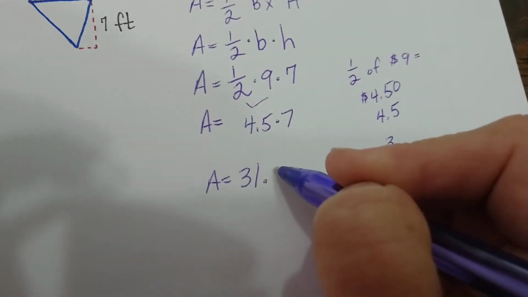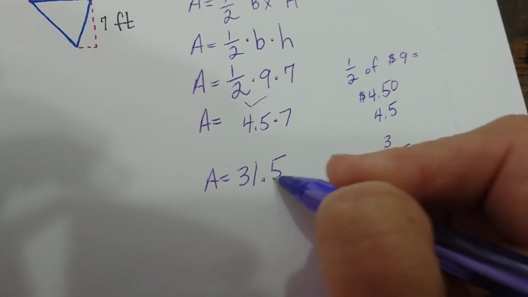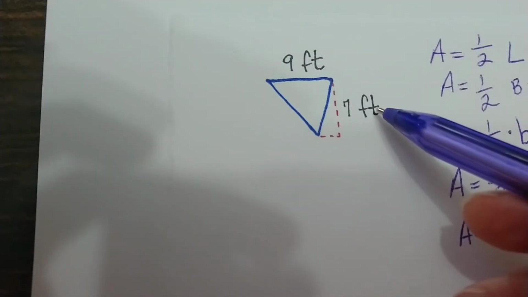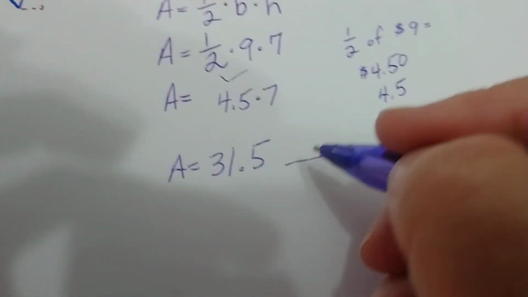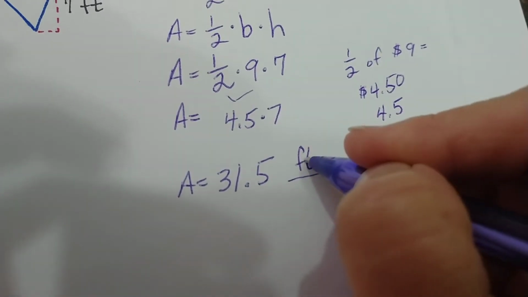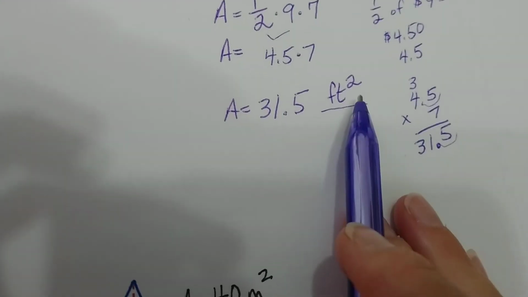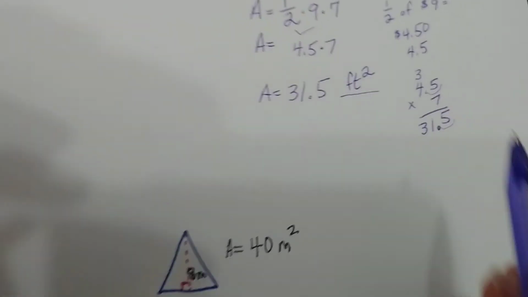Also said 31.5. And now what are my units going to be? I go back to my triangle. We're measuring in feet. So it's going to be square feet, and I write that like this, square feet. The 2 is an exponent, so it floats.